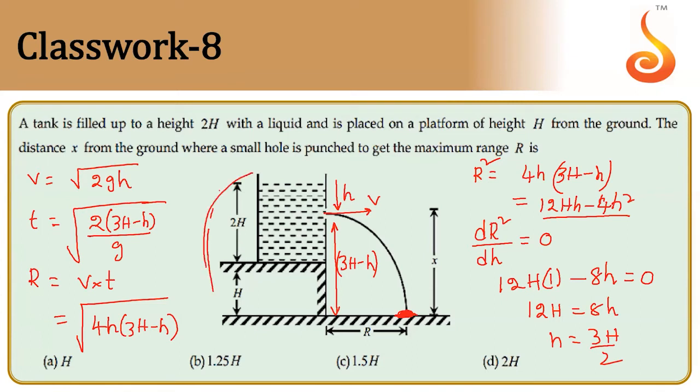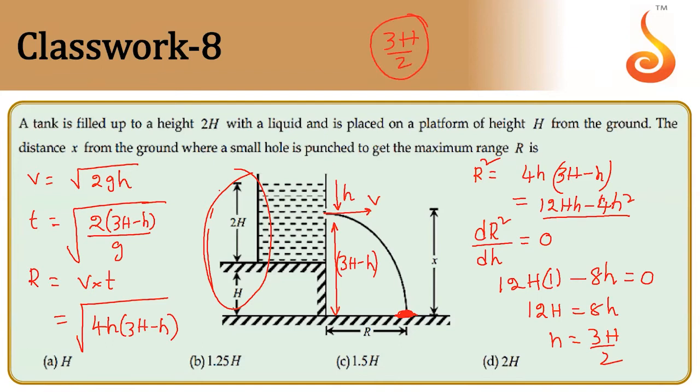Here the question is, at what height you have to make the hole so that the range is maximum. To get the maximum range, the shortcut formula is: what is the total height of the surface from this ground? 3h. Take half of that, 3h by 2.